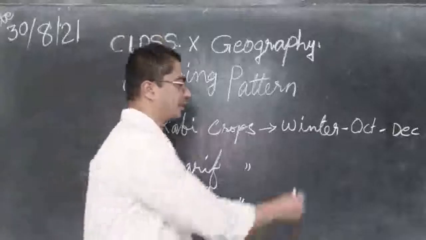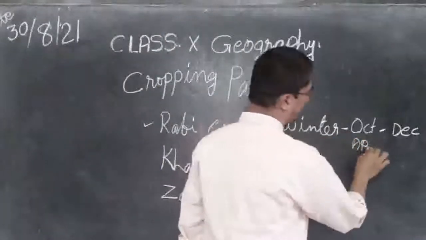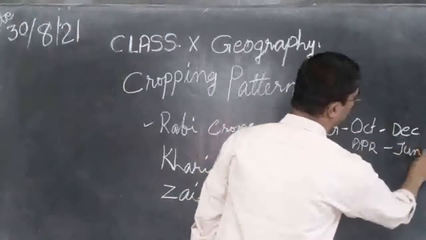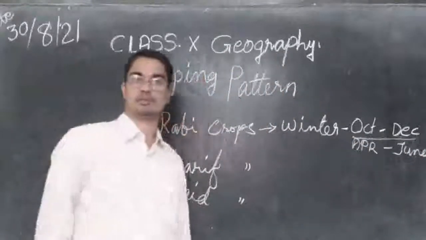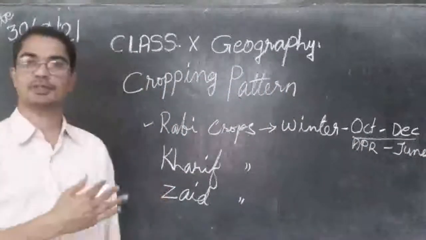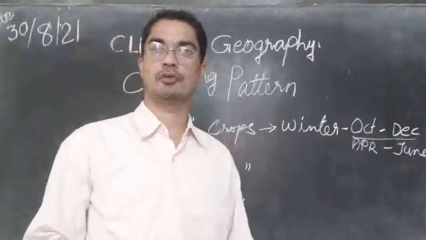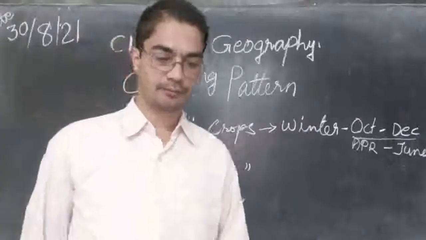If it is planted in October, the harvest may be done in April. So planting takes place between October to December, and harvest takes place between April to June. By the month of June, the harvest of the Rabi crops will be done.